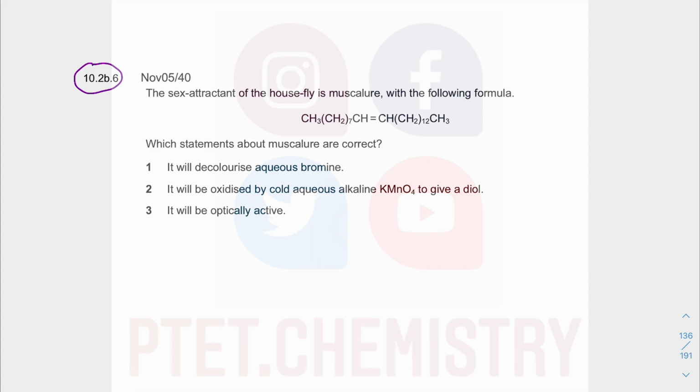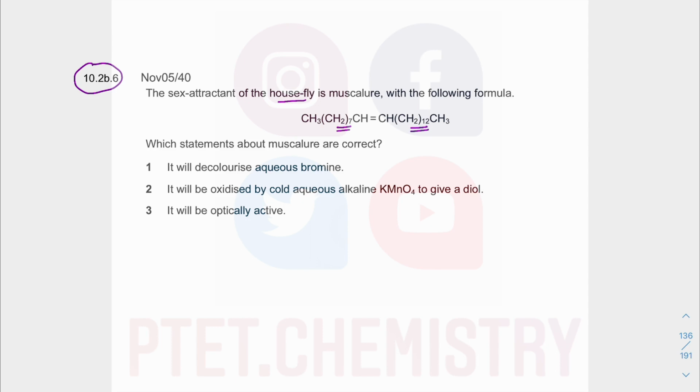So in this question, you have this sex attractant of the housefly with the following formula. So it's got 7 CH2 there, and it's got 12 CH2 there. If I were you, I could probably be thinking about, do I want to draw out the skeletal formula?